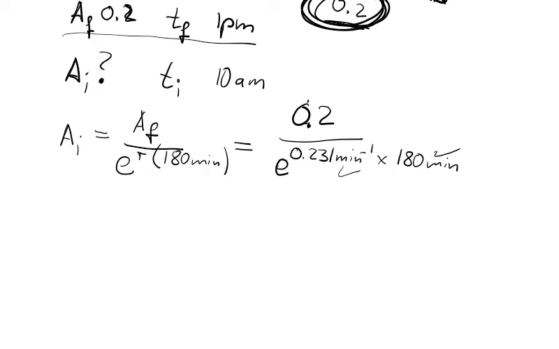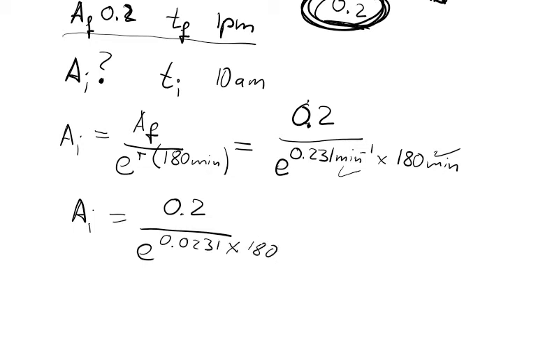So, A initial equals 0.2 divided by e to the power of 0.0231 times 180.